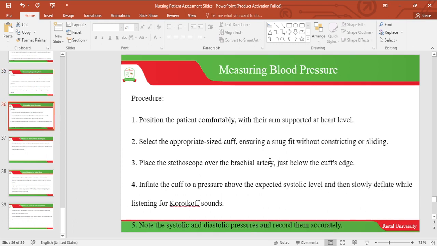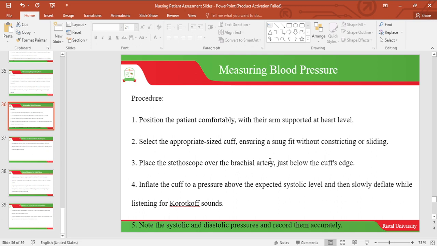Let's look at measuring blood pressure. Procedure. The patient should be seated comfortably with their arms supported at heart level.